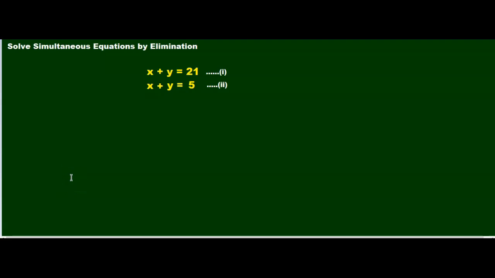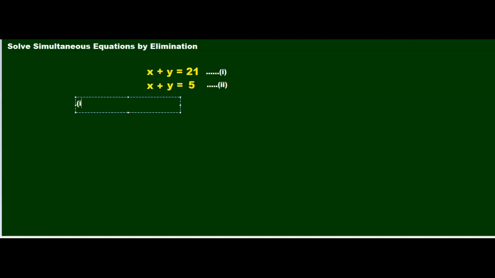Let's try a very similar question, except this time I changed my sign from x minus y equals 5 to x plus y equals 5. What's going to happen? I cannot add down along my column, because if I add it, I get 2x plus 2y equals 26. But let's do a subtraction to try to eliminate my x.